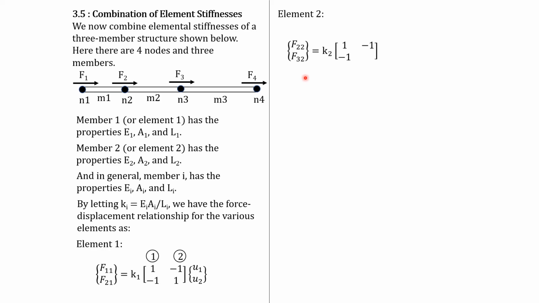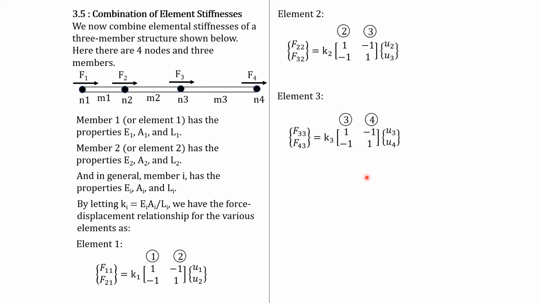So F22, F32 equals K2 times 1, negative 1, negative 1, 1, and we have U2, U3. So this is column 2, column 3. And for element 3, we have F33, F43 equals K3 times 1, negative 1, negative 1, 1, times U3, U4. So this is column 3, column 4, row 3, row 4.